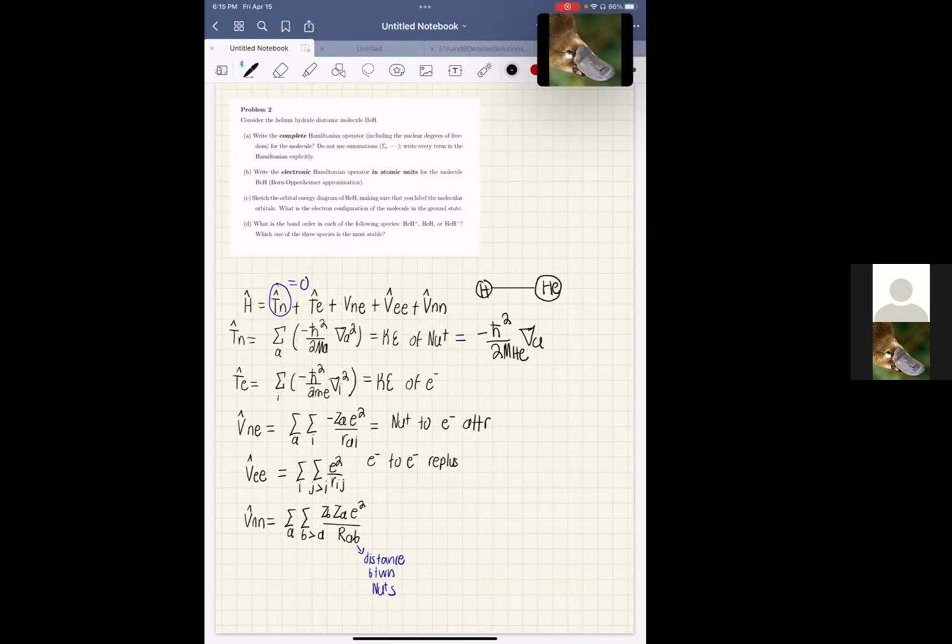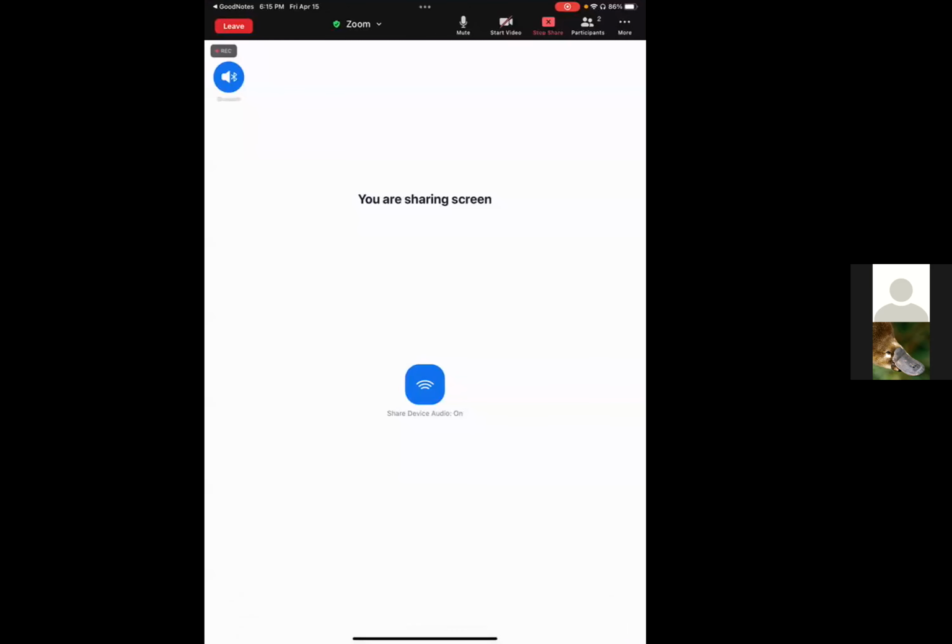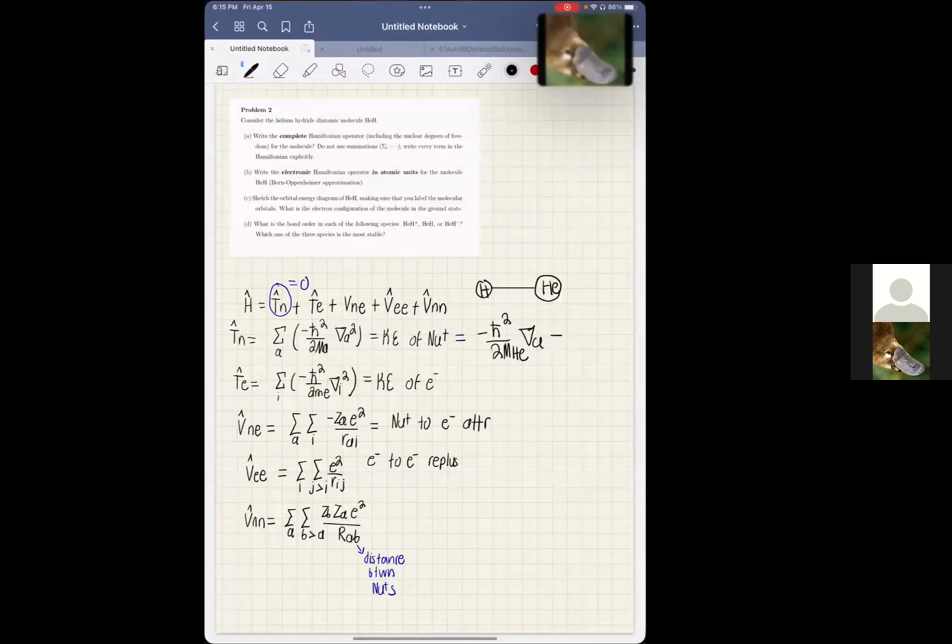And the other term is going to be minus, give me 1 second. Let's go back. And then we're going to have another term, minus h bar squared over 2 m helium, which is going to be this. And those are the two terms, the kinetic energy of both nuclei.